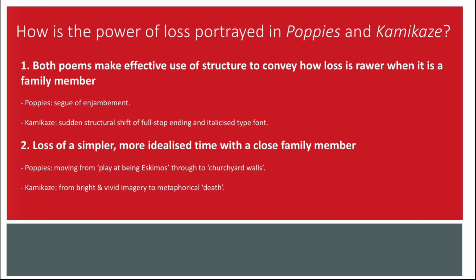And we have that running all the way through Poppies, where we have the son characterised as very much a young boy at the beginning. We hear how on line 4 she pinned poppies to the lapel. Line 9, she smoothed down the collar. This sounds very much like a young boy being prepared for school. Before we know it though, line 15, she runs my fingers through the gelled black thorns of your hair.